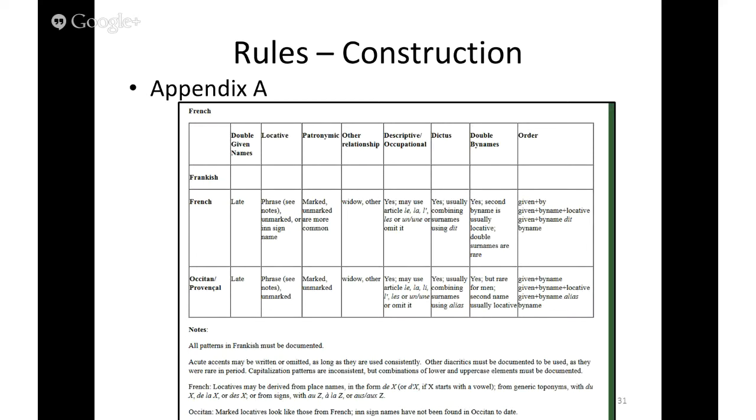Other names we just don't know enough about to have documented patterns. And if you look there, it says Frankish, which is an early French name, and it says all patterns in Frankish must be documented, because we just don't have enough information on Frankish to do it for you. So, if you really want to register a Frankish name, that's fine, but it's going to require a good bit of research.